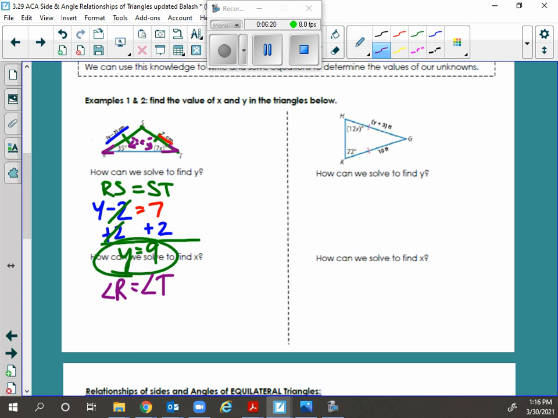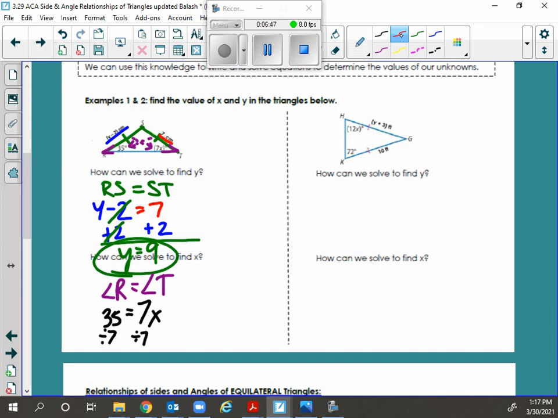Well, what does it say the value of angle R is? It says that angle R is 35 degrees. What does it say for the angle of T? It says 7x. So all that I need to do here is divide both sides by 7.